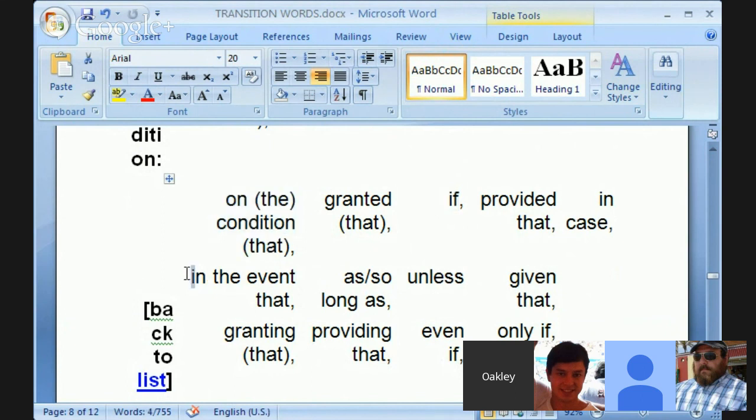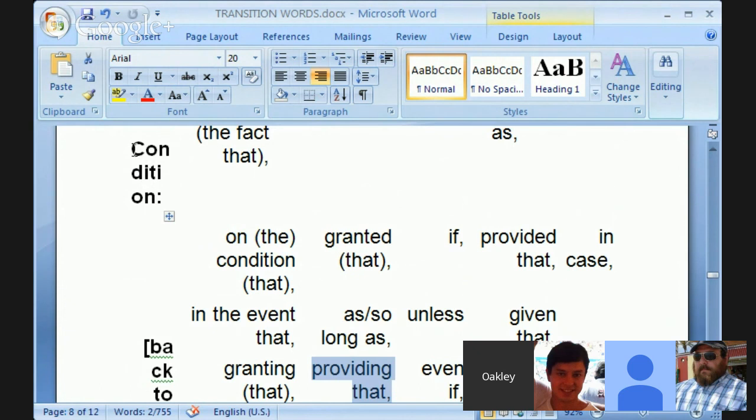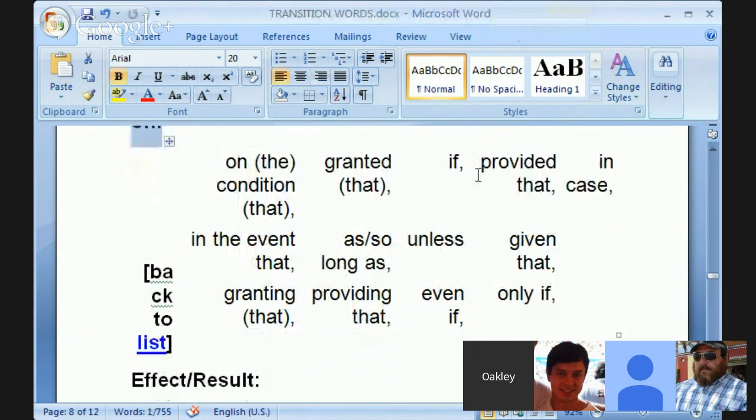In the event that a fire breaks out, everyone should calmly proceed to the exits. All right. Providing that you have enough money, we can buy the tickets. When we're talking about a condition, these are phrases that we use.